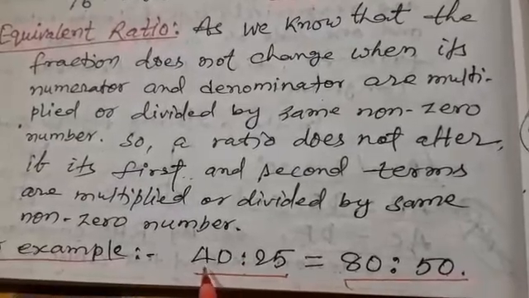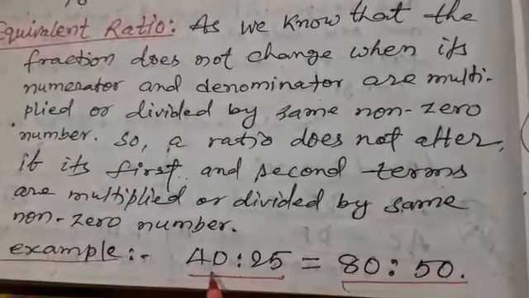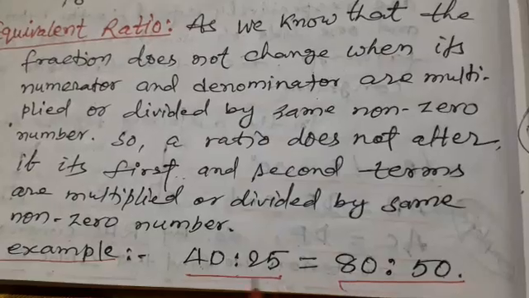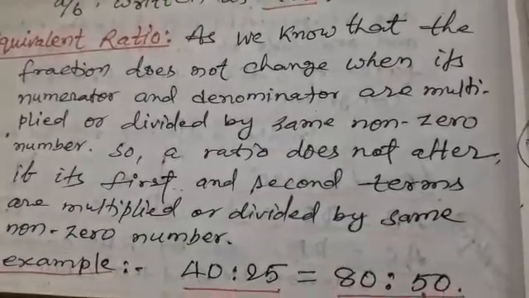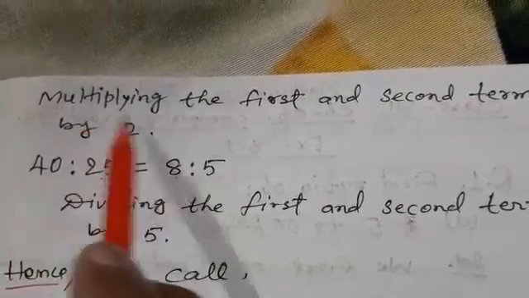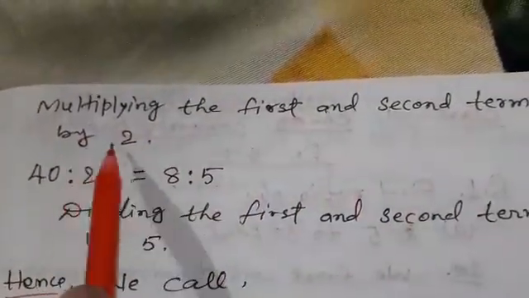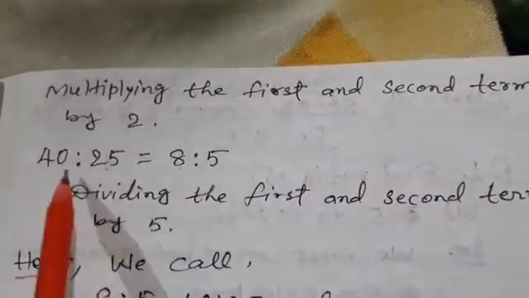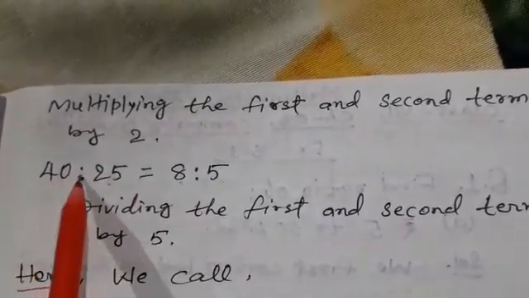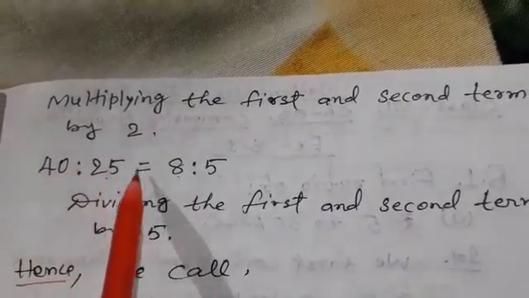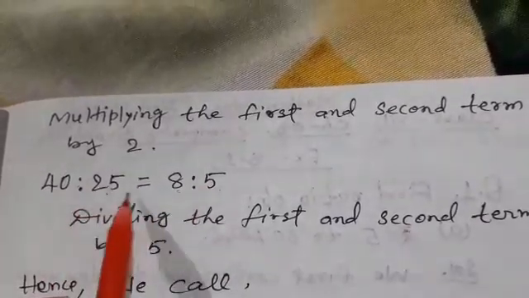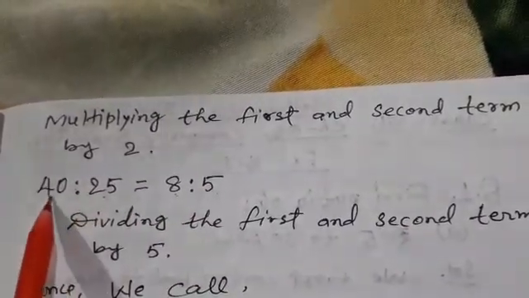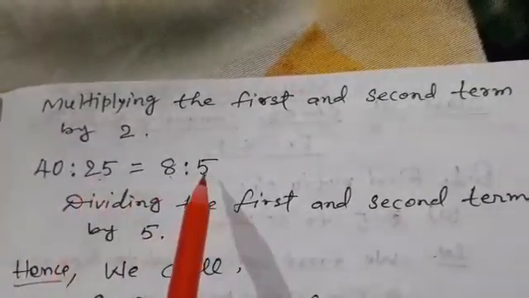When we multiply 40 by 2, it becomes 80, and multiplying 25 by 2, it becomes 50. I write here, multiplying the first and second terms by 2. Then 40 is to 25 is equal to 8 is to 5 by dividing both sides by 5, so it becomes 8 and 5.